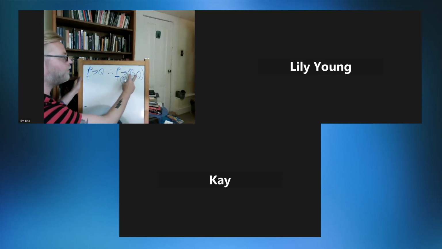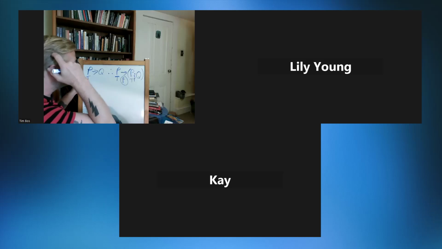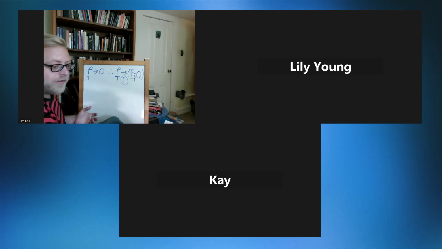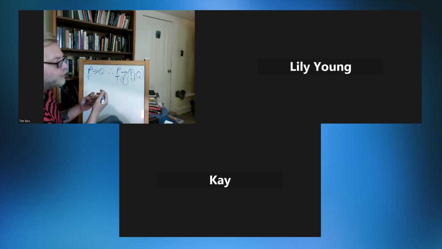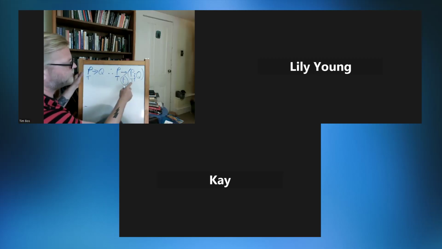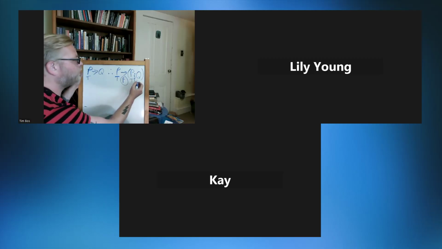Now, the only way for a conjunction to be false is for at least one side to be false. If I say P and Q are both true, they better both be true. If they're not, I said something false. Well, in this case, I'm trying to say something false, and P is already true. We figured that out. That means Q is going to have to be the one that's false. There's no other way to make this whole conjunction false.